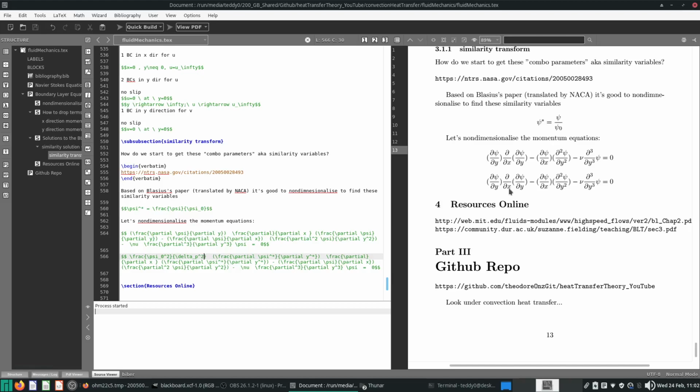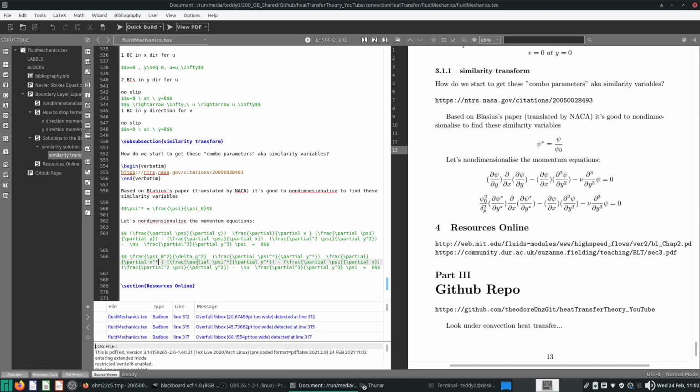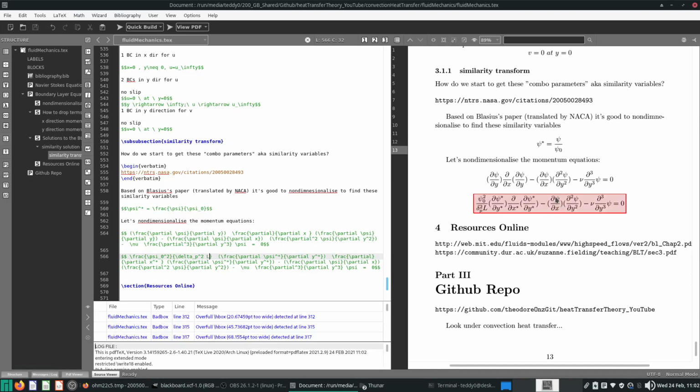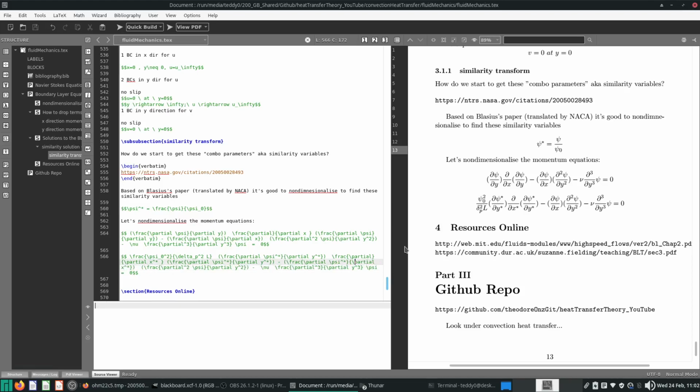Del by del x becomes x star times L, so L will be at the bottom. Okay, and let's look at this one as well. We have del psi del x. Okay, del psi del x, we will change it into del psi star del x star, and we'll have a fraction on the outside.